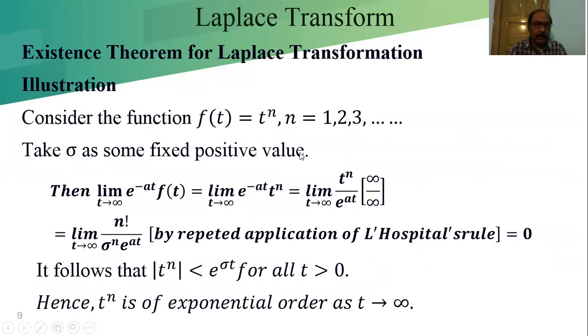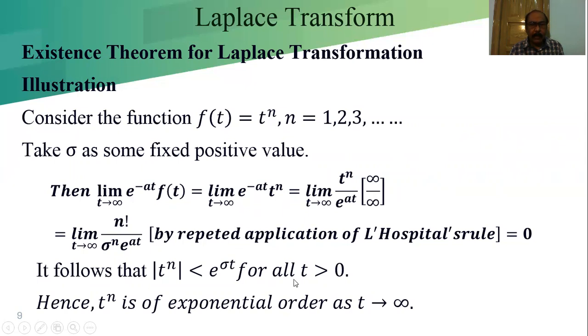Sigma as a fixed positive value, we are considering e to the power minus at times f(t). That is limit e to the power minus at t to the power n, because the function f(t) is t to the power n. Then the limit as t tends to infinity of t to the power n by e to the power at is in the infinity by infinity form, because if we take t tends to infinity, the numerator also tends to infinity and the denominator also tends to infinity. So this is the infinity by infinity form.